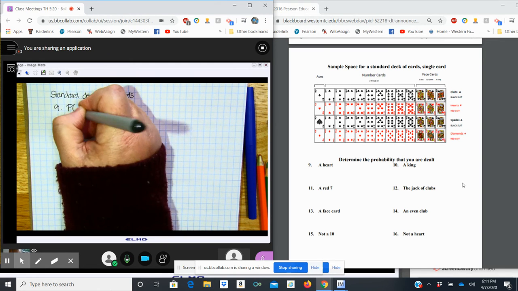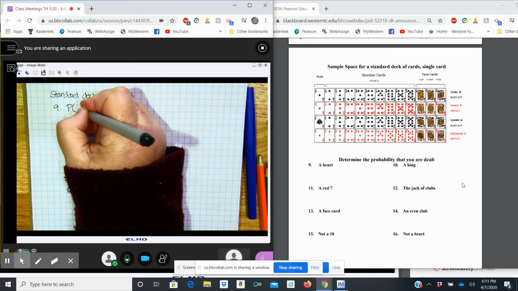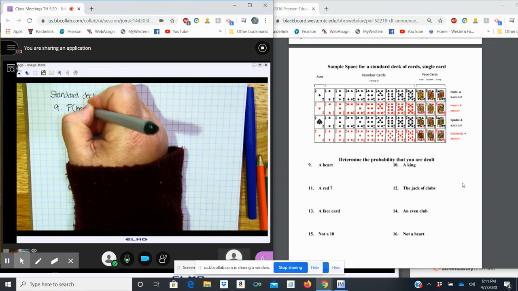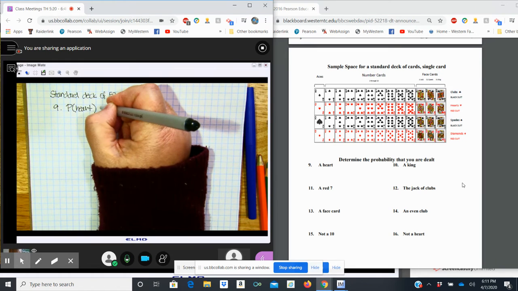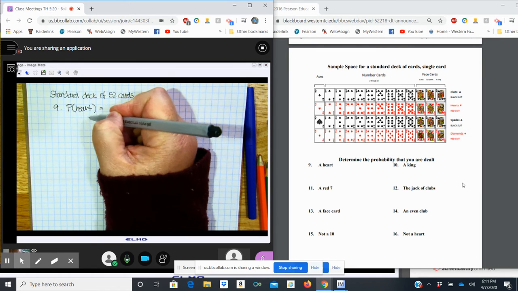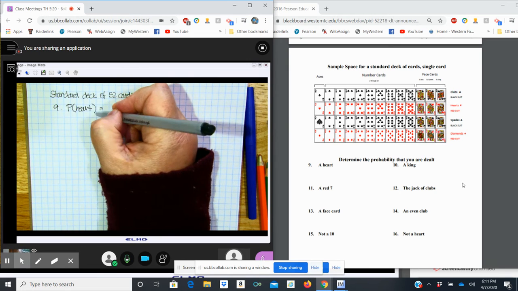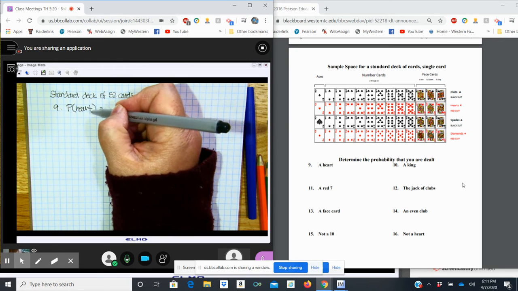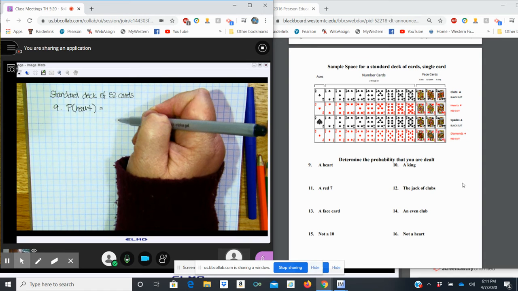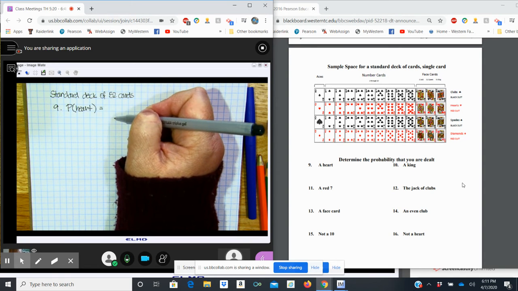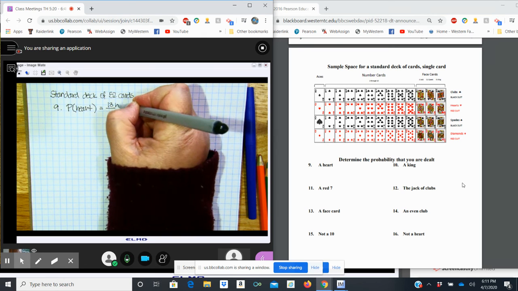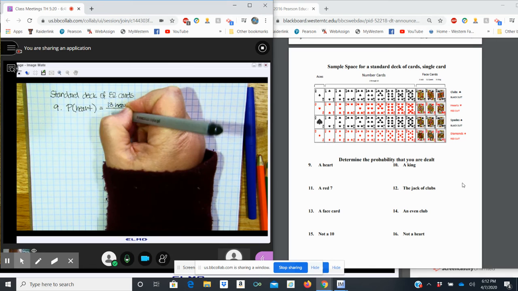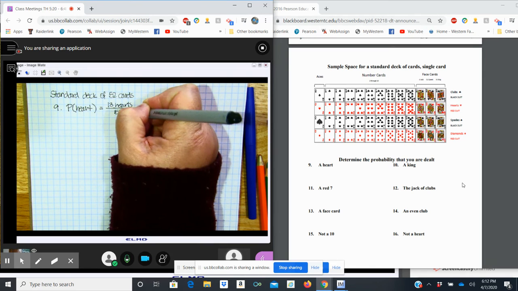Given that you're using a standard deck of cards, determine the probability that you're dealt a heart. What we expect that you know, or at least can determine from the graphic, is that when you look at a deck of cards, 13 of those cards are hearts out of a total of 52 cards.